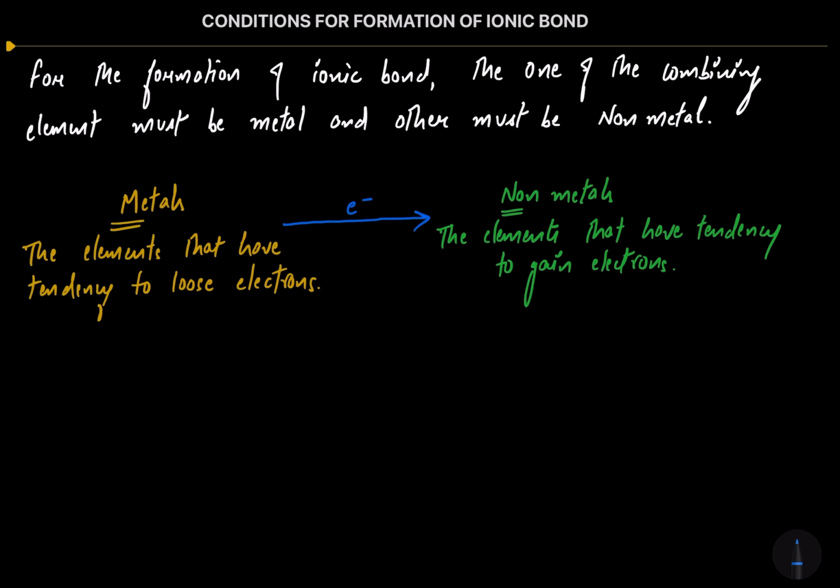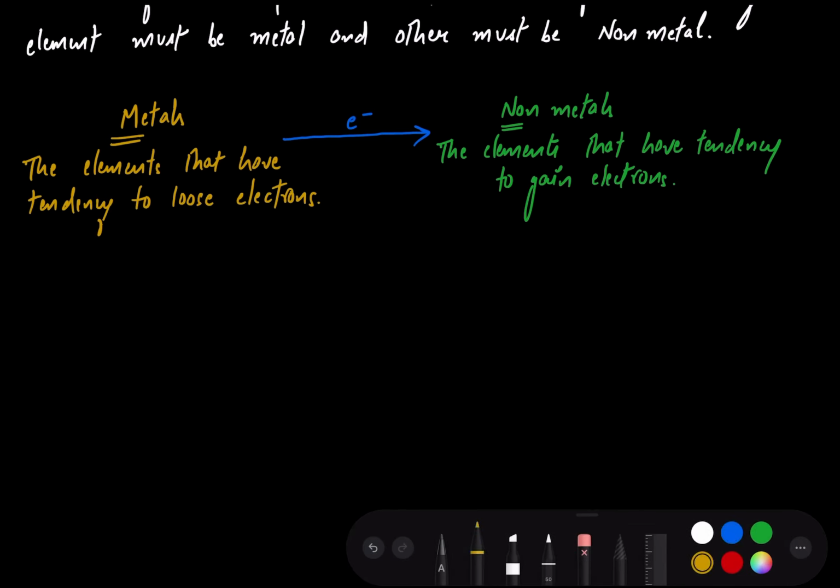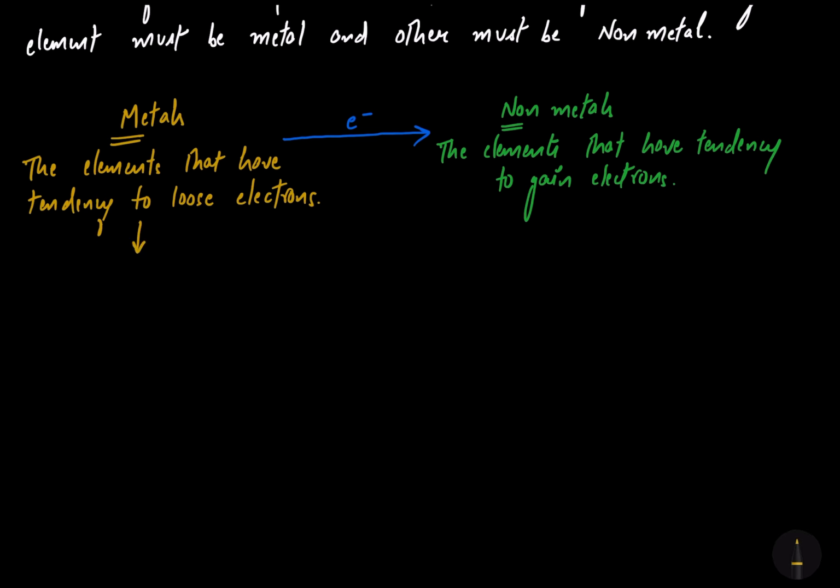Now, the elements which have tendency to lose electrons become cations after the loss of electrons. What are the cations? The elements bearing positive charge are called cations, and they are formed by the loss of electrons.